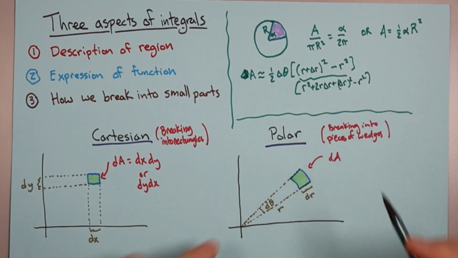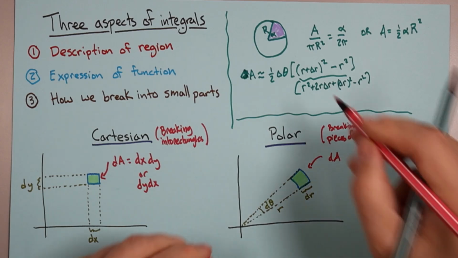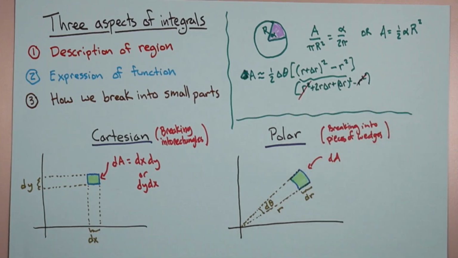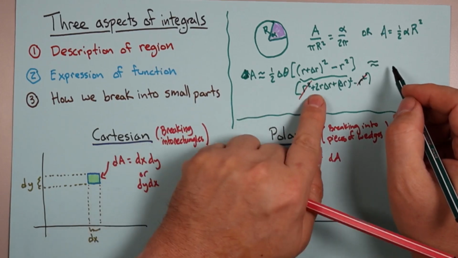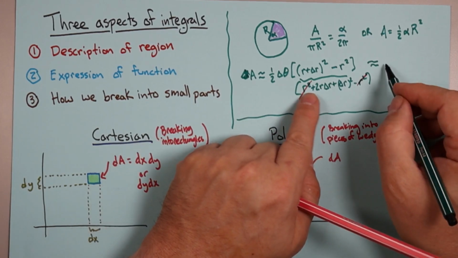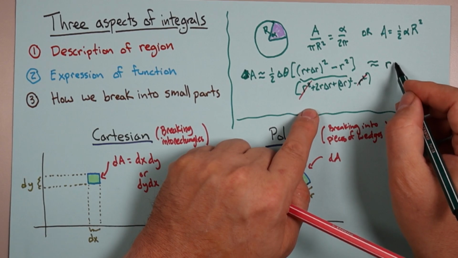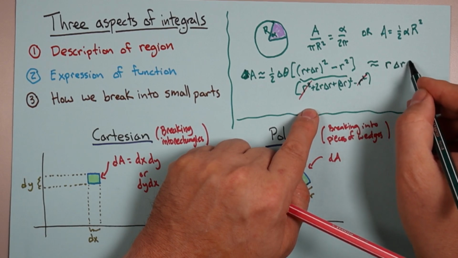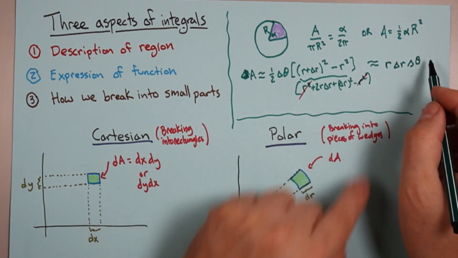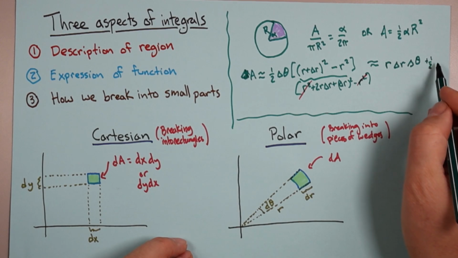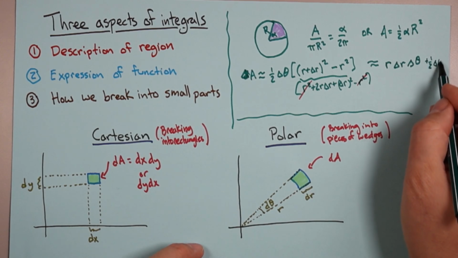And you're like, ah, ha ha, the r squareds cancel. And then you multiply through, say, look, we get 1/2 times 2 cancels, and you have this r, then you have delta r, delta theta, and then you have some other stuff, plus 1/2 times delta theta delta r quantity squared.